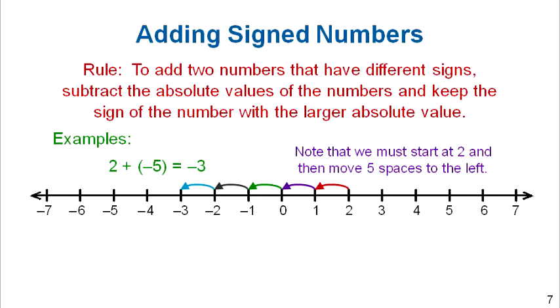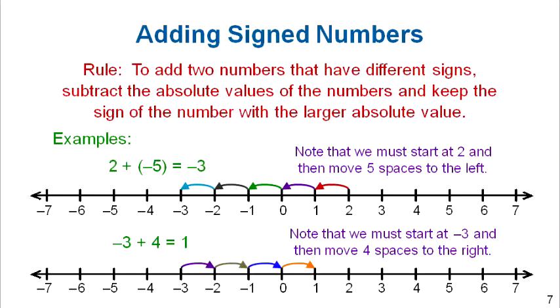Then, since 5 is larger than 2, and since the 5 has a negative sign, we will make the answer negative. To see why this works, note that this problem is telling us to start at the 2 and then move 5 spaces to the left. Note that we end up at negative 3, which, of course, agrees with the answer we got earlier.